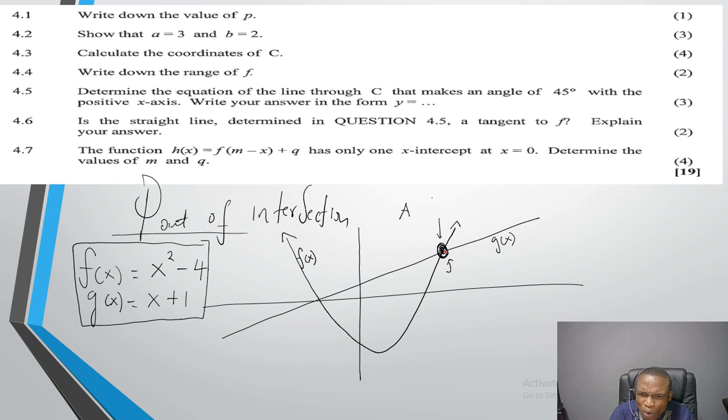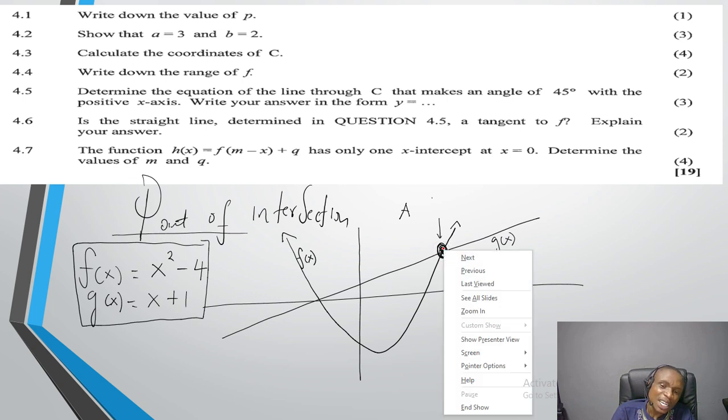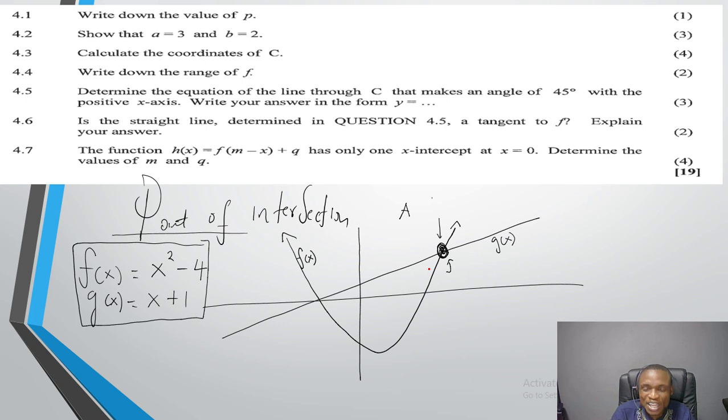Now I want to know the point of intersection. How am I going to find the point of intersection? Because this point of intersection is where the two graphs meet. They intersect at this point. They meet at this point. So to find the coordinates of this point, I'm going to equate the equations of the two graphs.